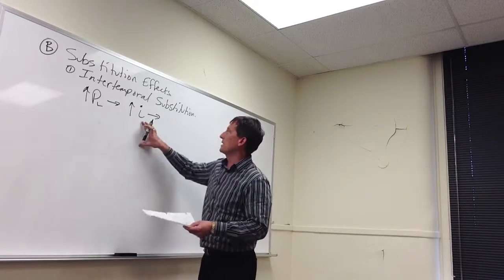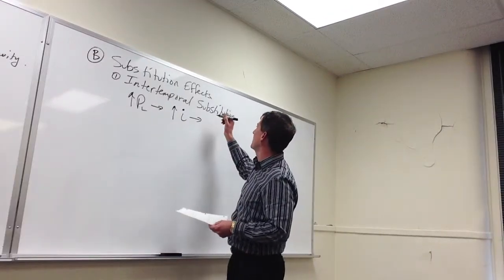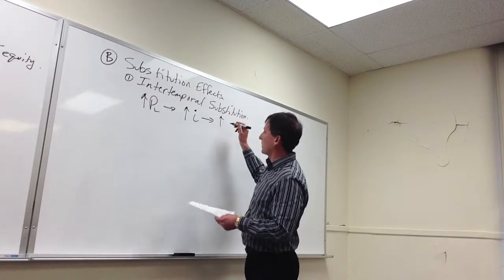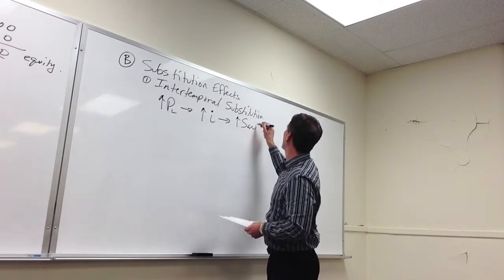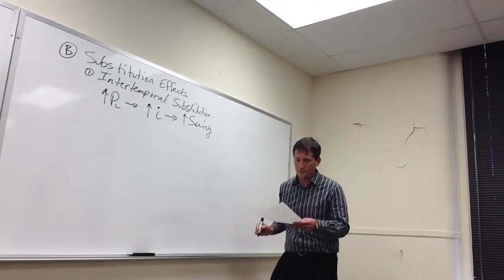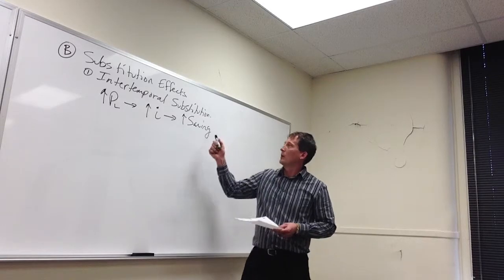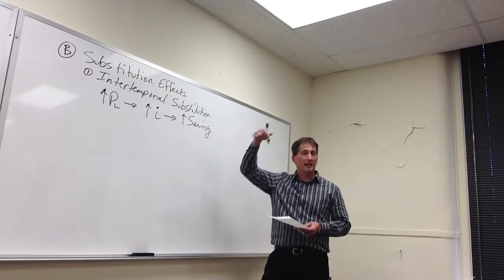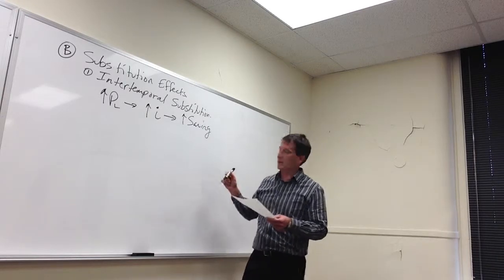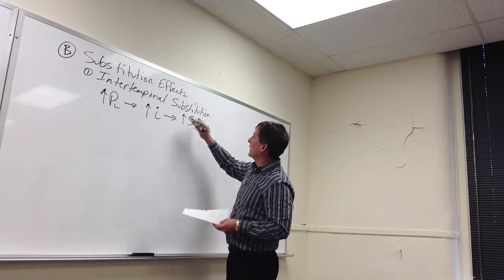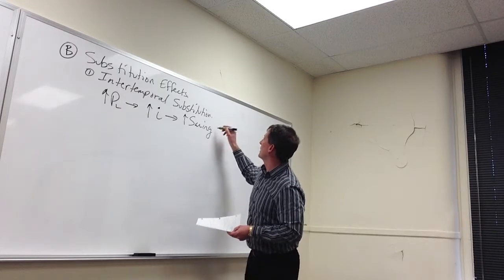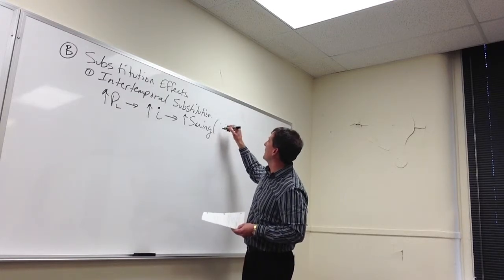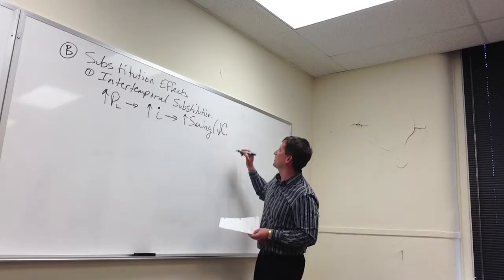So an increase in the price level leads to an increase in the interest rates, leading to an increase in saving. But an increase in savings today means that consumption is falling. So an increase in savings, which is, I want to put in parentheses, a decrease in consumption.